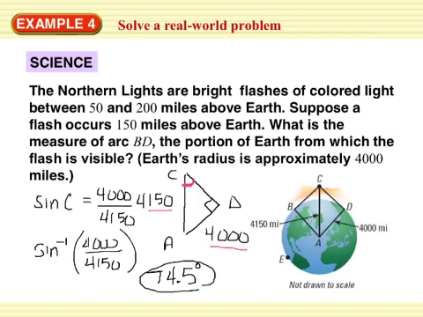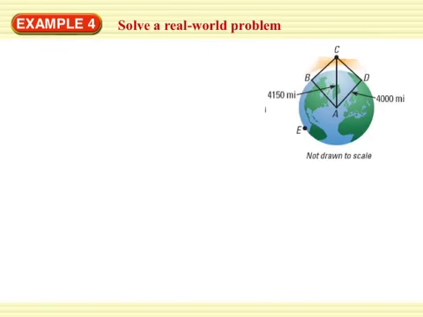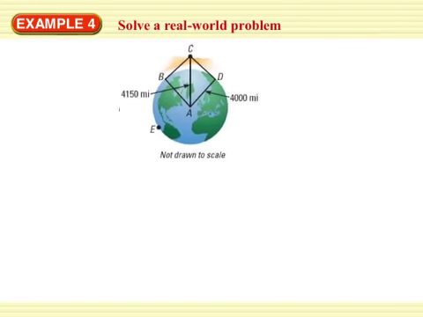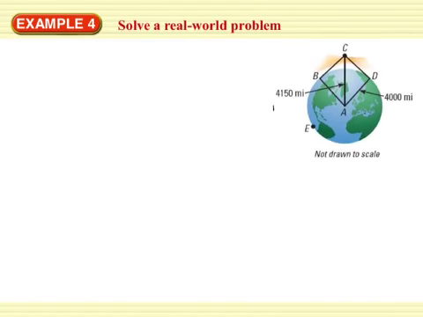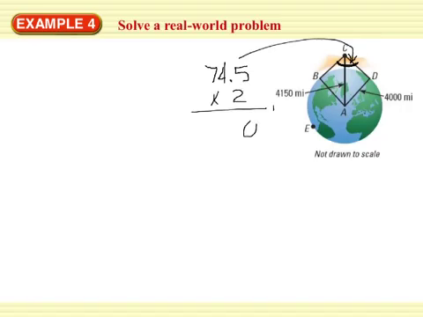So we just found this angle here, which is 74.5. If I want the whole angle, I would just multiply that by 2. So 149 degrees is that whole angle.